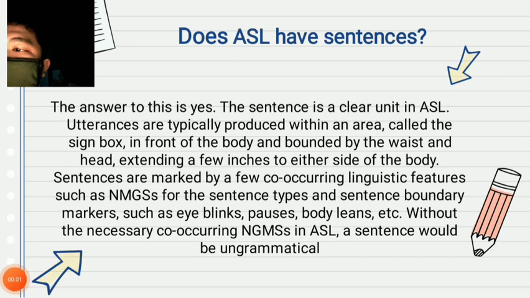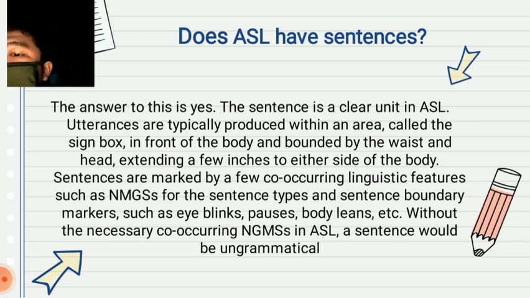Okay, there is a question. Does American Sign Language have sentences? The answer to this is yes. The sentence is a clear unit in ASL. Utterances are typically produced within an area called the sign box, in front of the body and bounded by the waist and head, extending a few inches to either side of the body.